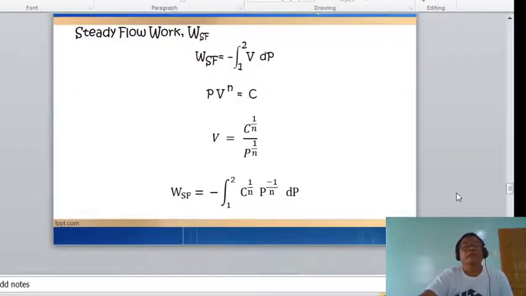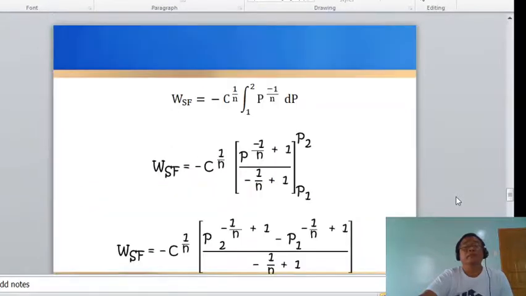Substituting now the values, work steady flow equals C raised to 1 over n, so we put this outside the integral sign.